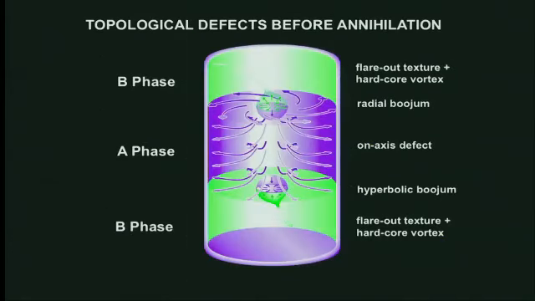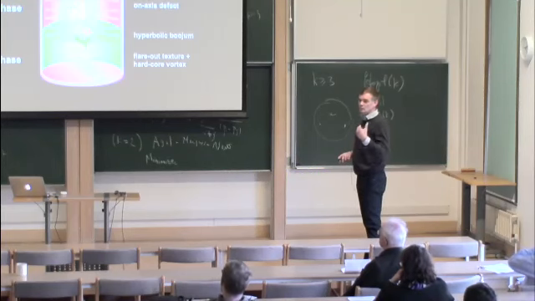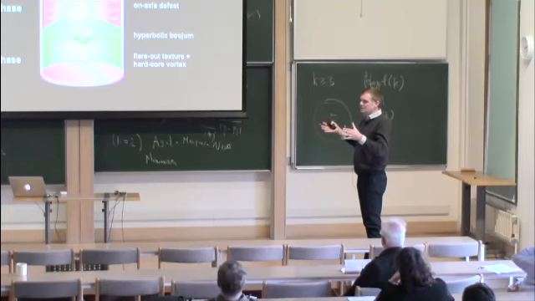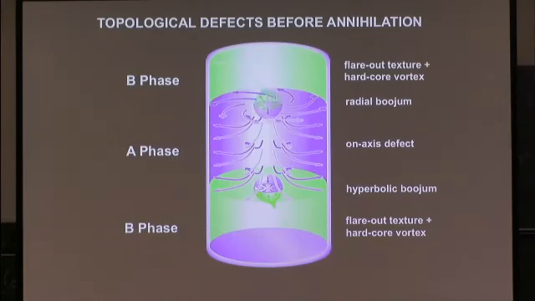So in 3 dimensions, it looks something like this. Okay, so we start with not just a clear and pure AB interface. There are already some defects in the texture of the superfluid before we do the annihilation. So this is a boojum and a hardcore vortex going into the B phase.